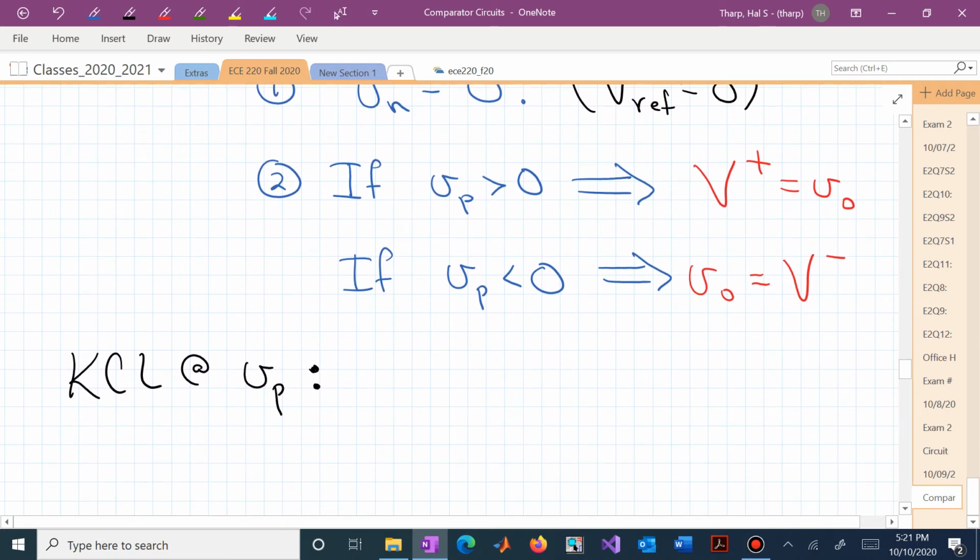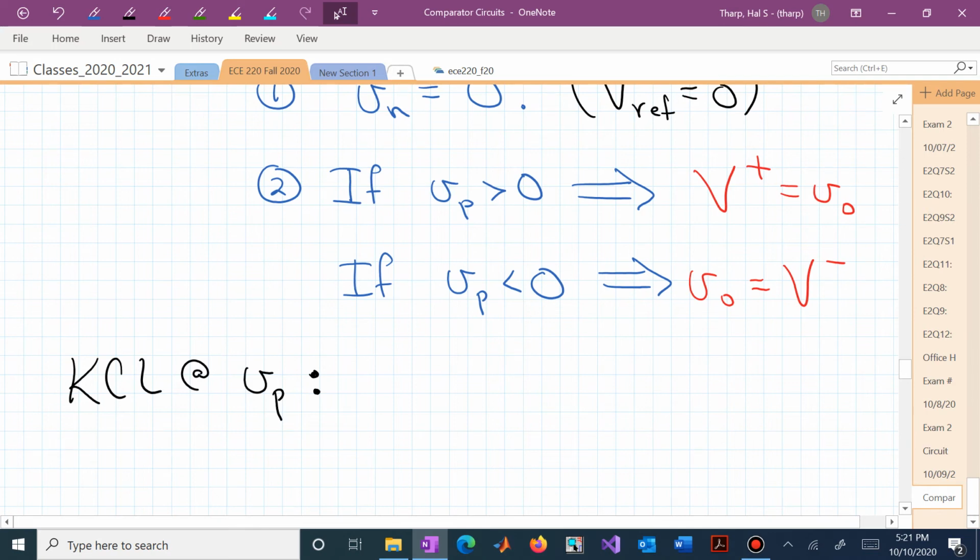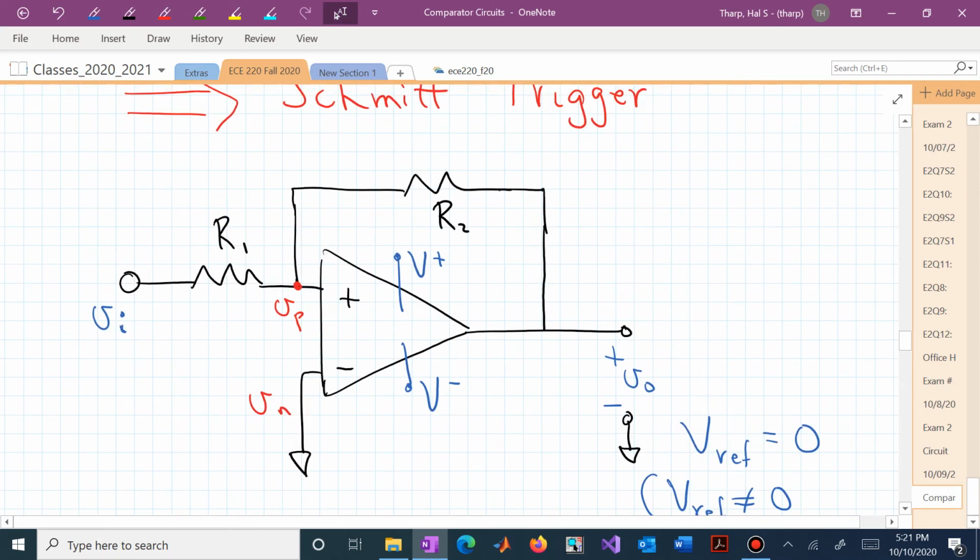Let's see now the relationship between this V sub p and V sub I. What we're trying to do is keep this chattering from occurring when V sub I might be noisy and fluctuating around a given value. In this particular case, we're fluctuating around 0 volts for V sub n.